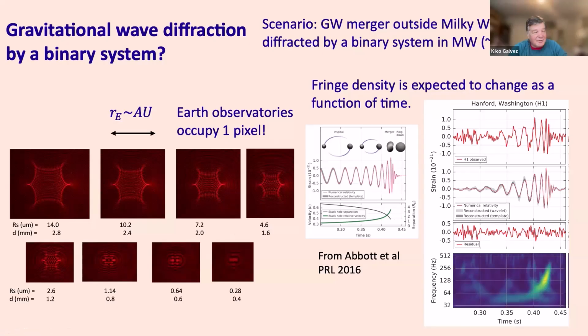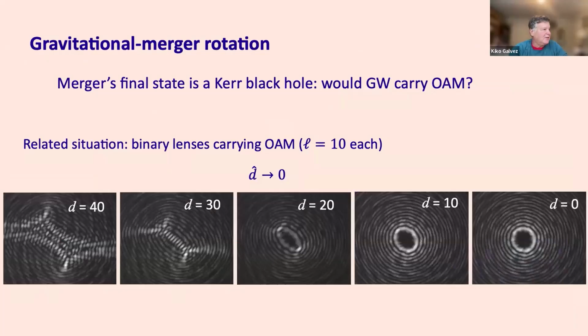Okay, there's something else, and I have to admit that I learned of this just recently: once the merger occurs, the final black hole is a Kerr black hole. It's rotating. Of course, the angular momentum is conserved.